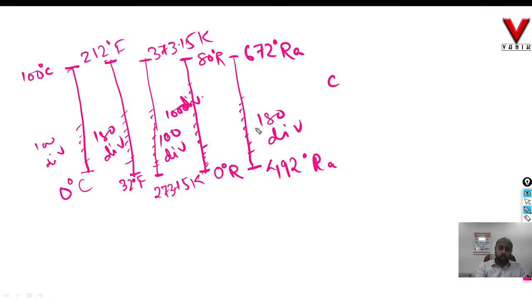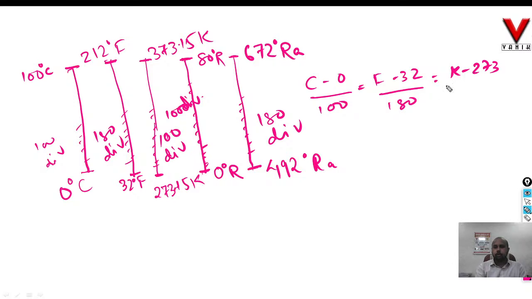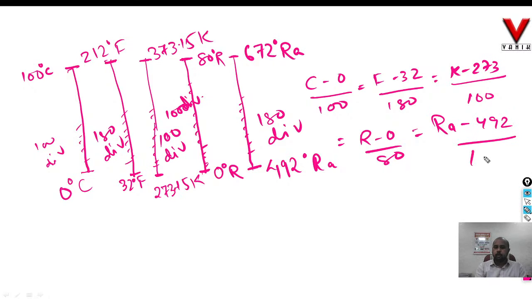So if I want to convert one form to another, say C degree Celsius, I want to convert to different scales. C minus the lowest reading, which is 0 degree Celsius, so I will take (C - 0)/100 = (F - 32)/180 = (K - 273.15)/100, or simply 273 for calculation purposes since it will be easy, = (R - 0)/80 = (Ra - 492)/180.